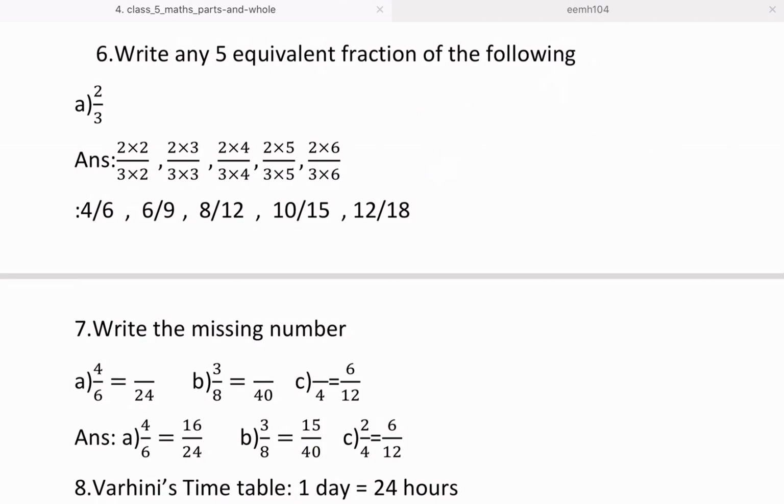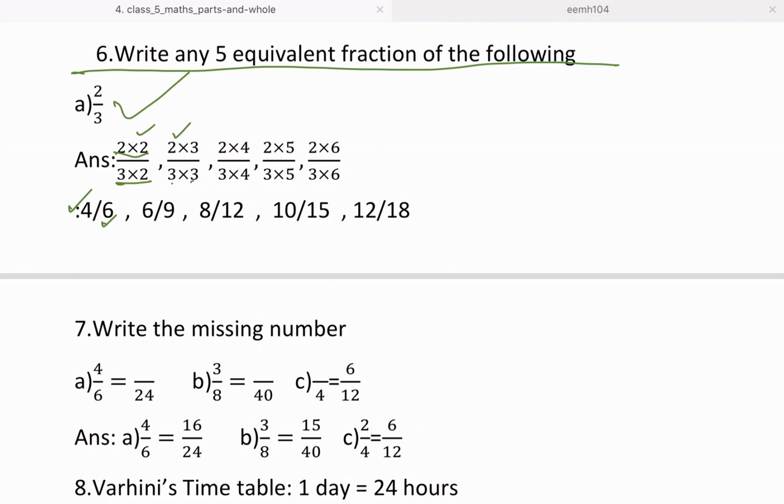Then look at this question. Write 5 equivalent fractions of the following: 2 by 3. Here 2 by 3 is multiplied by 2. It will be 2 twos are 4 and 3 twos are 6. And again 2 is multiplied by 3 and 3 is multiplied by 3.